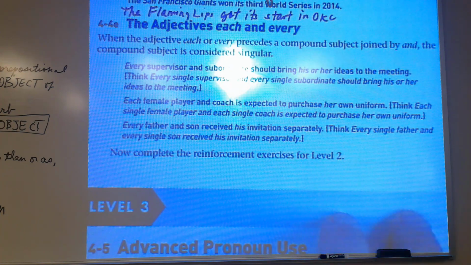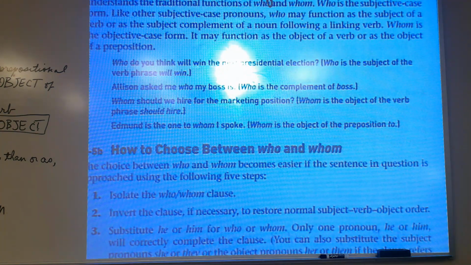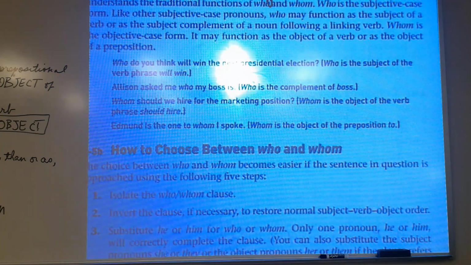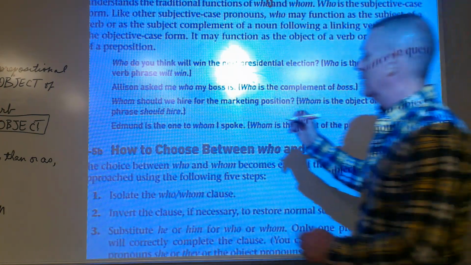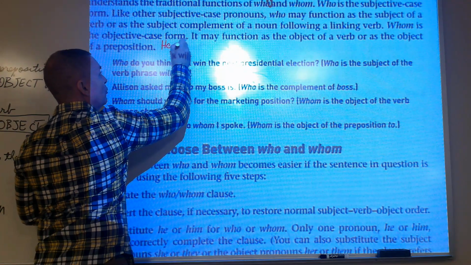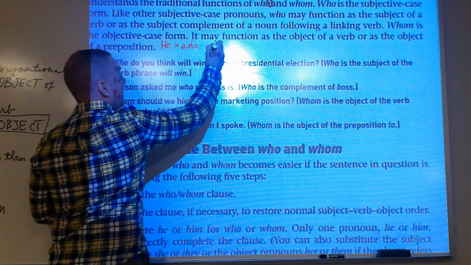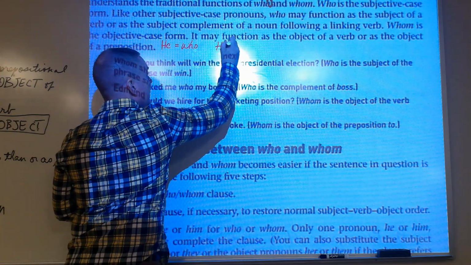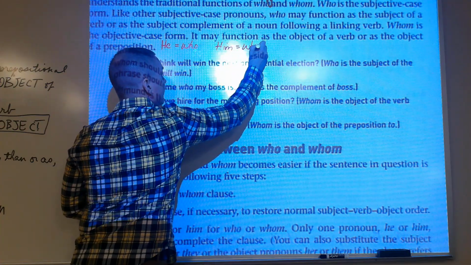Okay, then finally, who and whom. I mentioned earlier that he is equal to who, him is equal to whom.